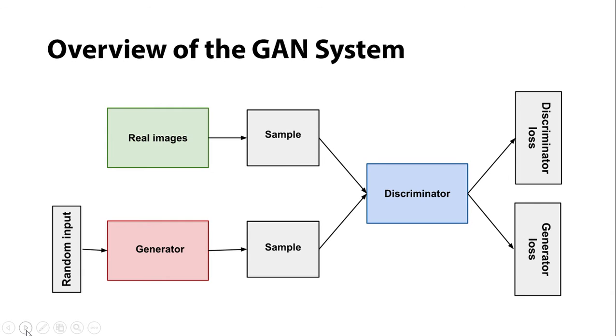Then for the discriminator, the inputs are the samples taken from the real image set as well as the sample of fake data taken from the generator. And then the discriminator tries to distinguish between these two, and it calculates two outputs called the discriminator loss and generator loss. So we'll see how these values affect the training of the GAN, or the generative adversarial network.